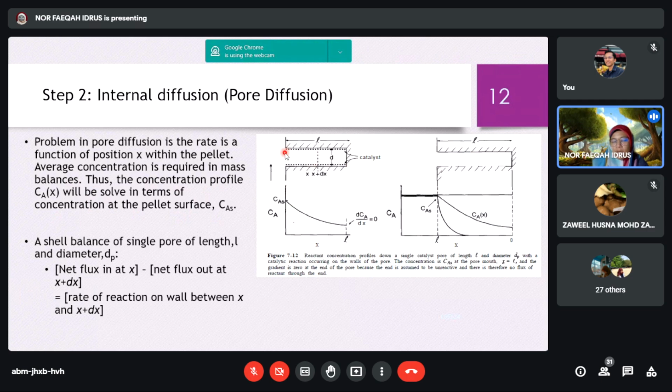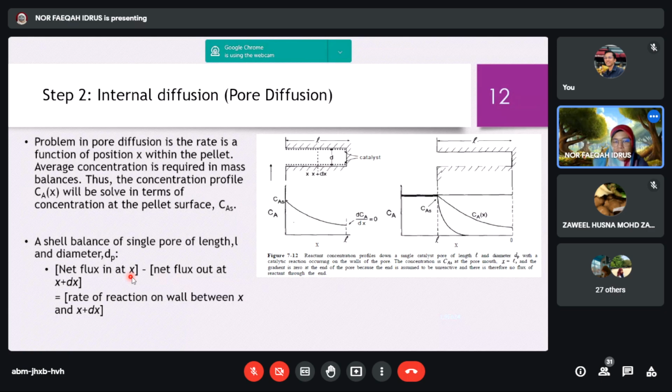So bila the reaction involve internal diffusion, and because the rate and the concentration depend on the position where the reaction occur, and it depends on the length of pore mouth, we need to do the shell balance. Shell balance ni yang becomes complicated because it will involve the shell balance on the mass transfer.